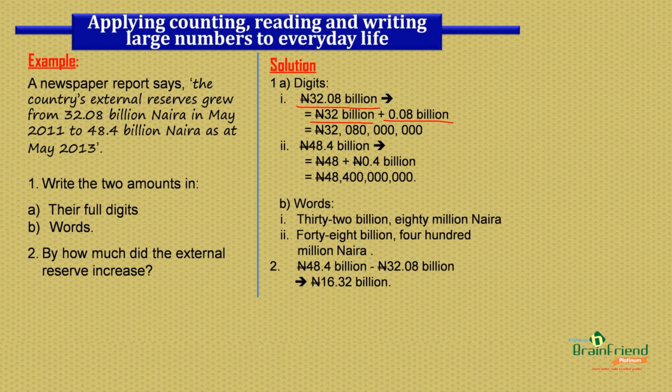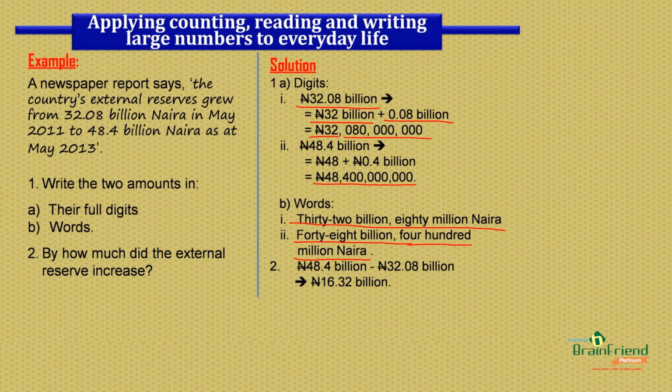So in figures, we have 32 billion 80 million naira. And for the second number in figures, we have 48 billion 400 million. In words, 32 billion 80 million naira and 48 billion 400 million naira.